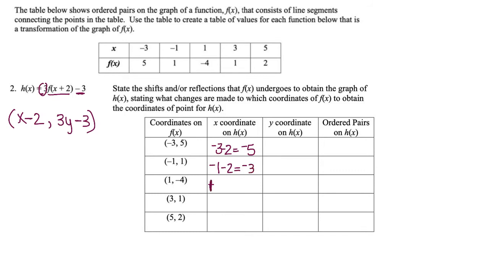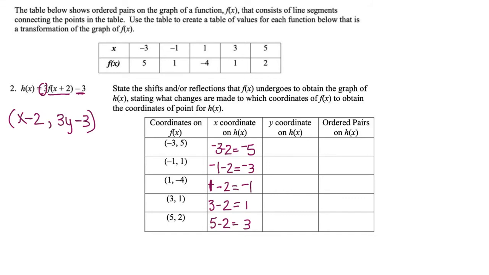Positive 1 minus 2 is negative 1, and then 3 minus 2 is positive 1, and then 5 minus 2 is 3. So there's your first set.